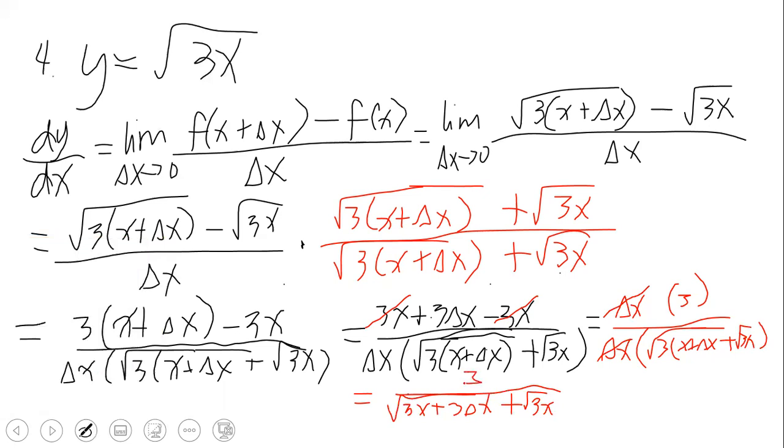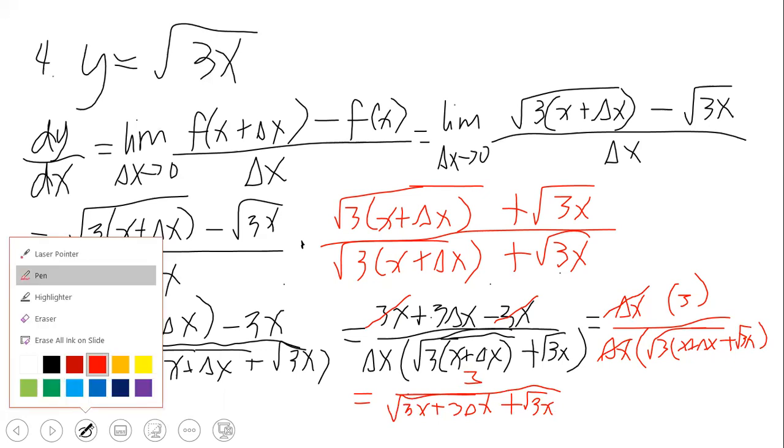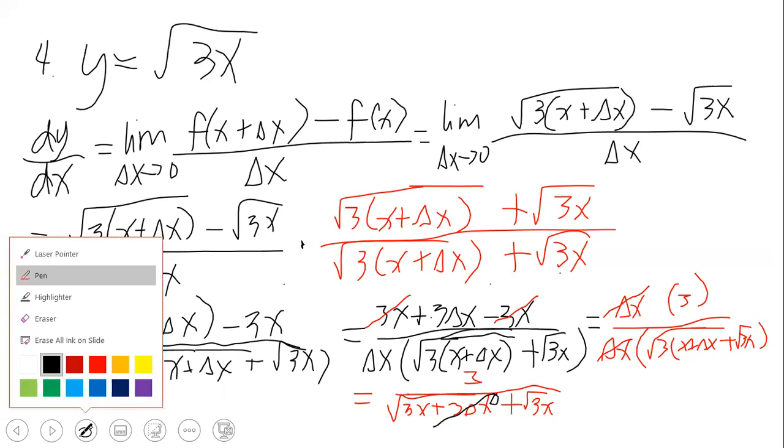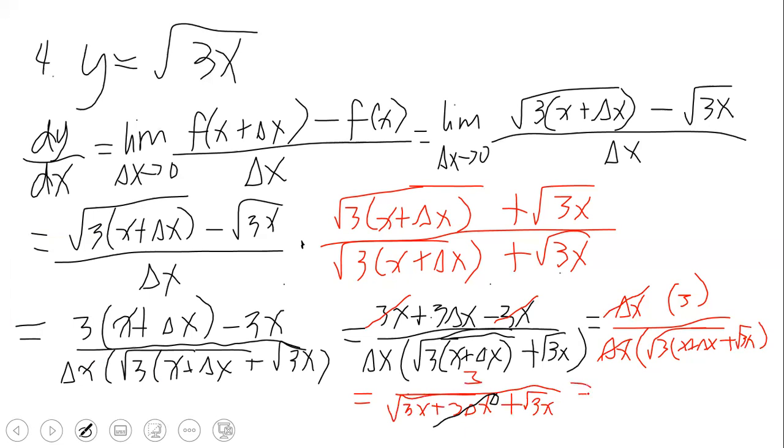Remember, ang definition natin kanina, we have the limit of the function as delta x approaches 0. So, ibig sabihin, ang delta x na to is already 0. So, therefore, kapag simplify natin yan, so it will become 3 over, so magiging square root of 3x plus square root of 3x, that will be 2 square root of 3x.